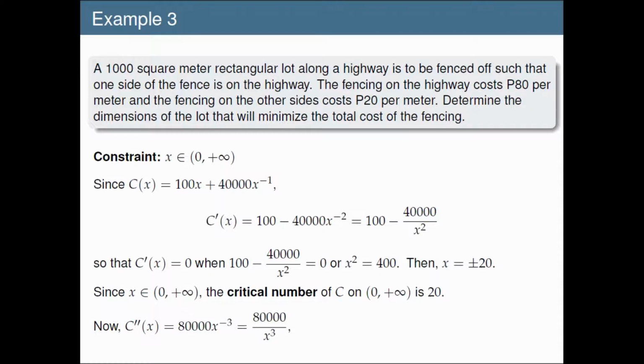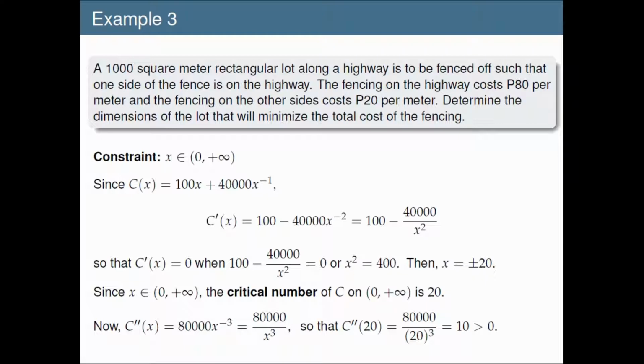Pag sinubstitute natin dito yung x equals 20, then c double prime of 20 is equal to this one, which is equal to 10. That is positive. Okay?